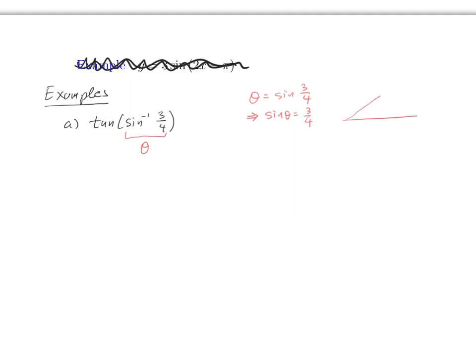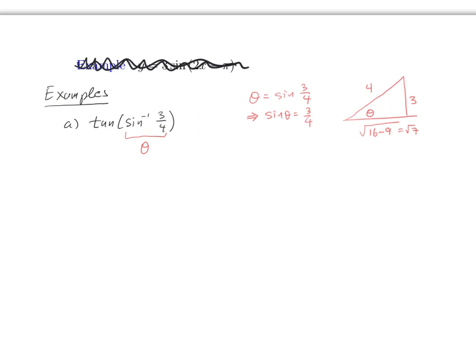And then just do a triangle where this will be theta, this is 3, this is 4, and then using the Pythagorean theorem, this will be 16 minus 9, which is 7. So this is the square root of 7.